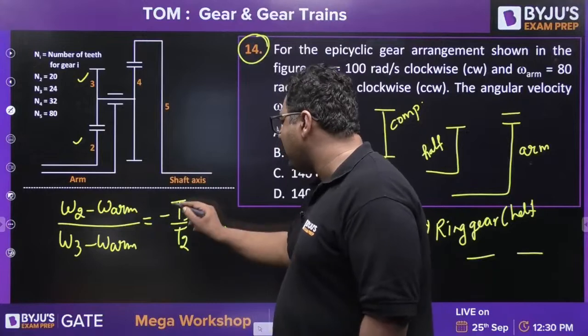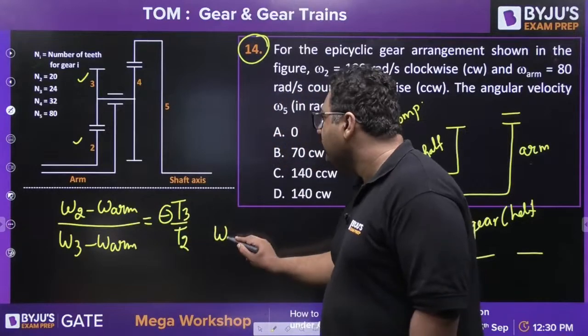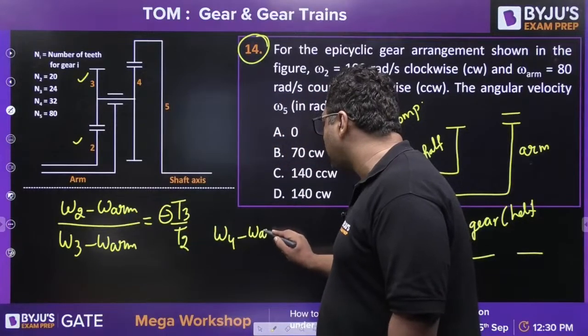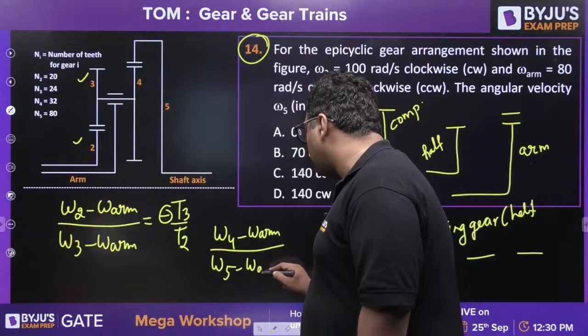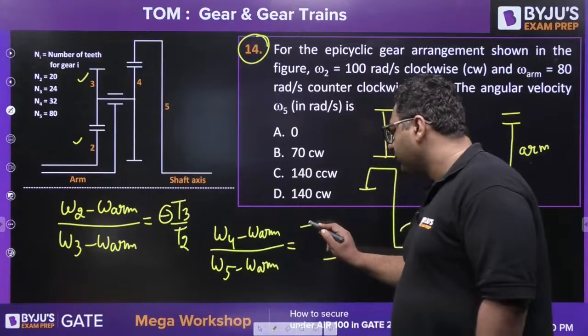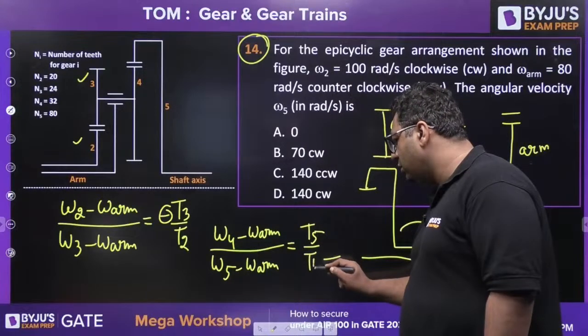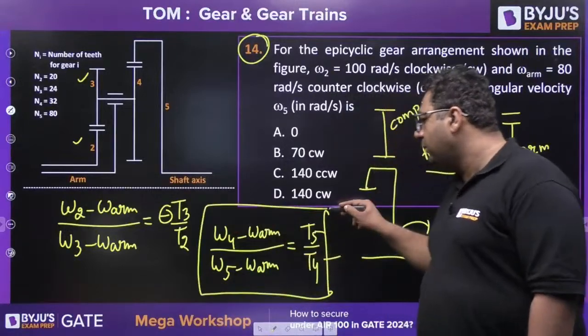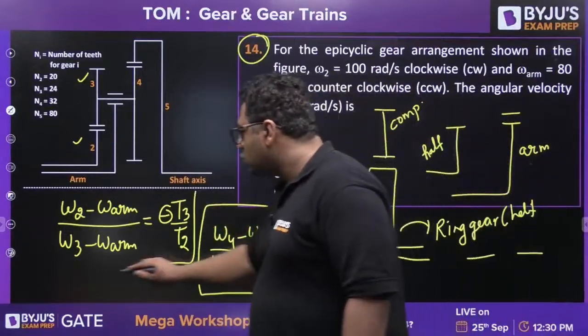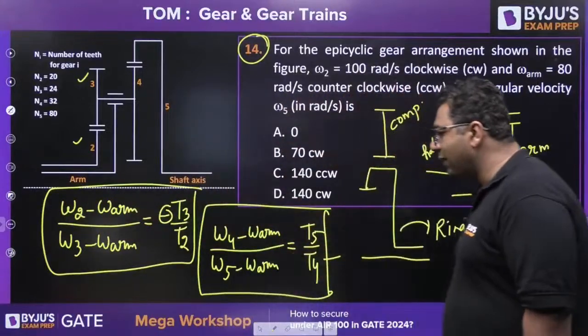So (omega 4 minus omega arm) by (omega 5 minus omega arm) is T5 by T4. This time no negative sign. Why? Because internal gearing.